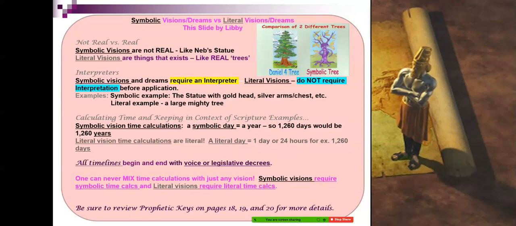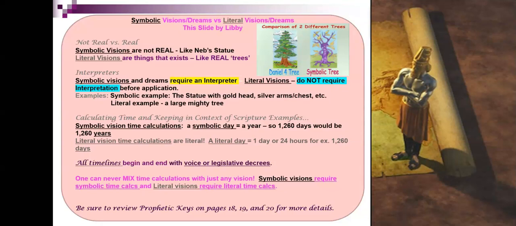When you have a symbolic vision, do you have literal and symbolic together, or are they both just separate? In Daniel's book, that's a good question.